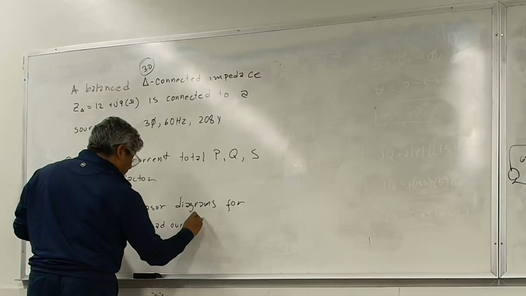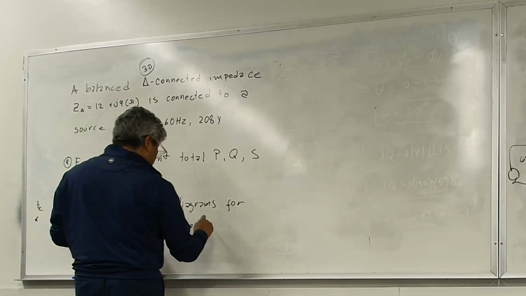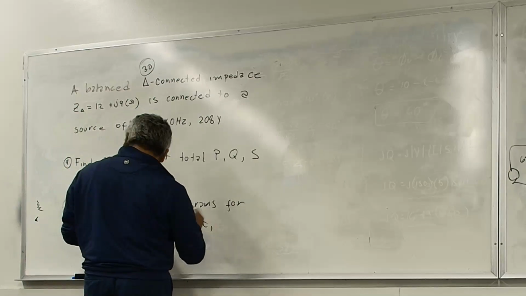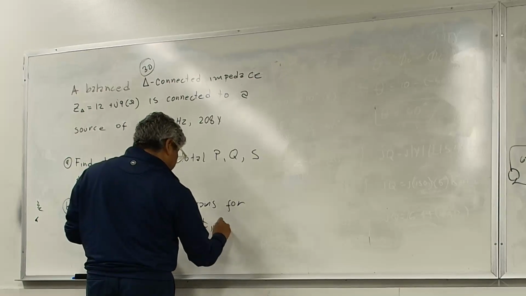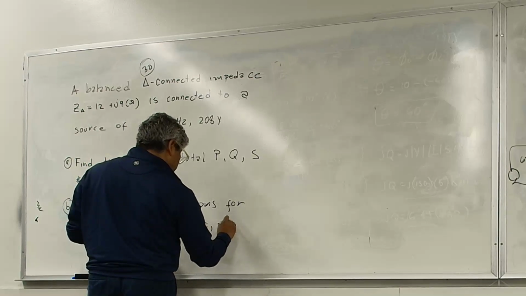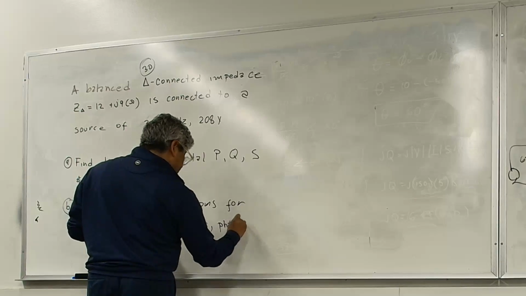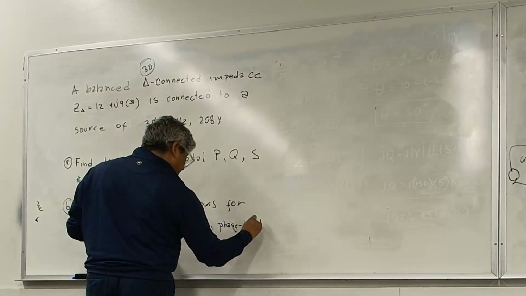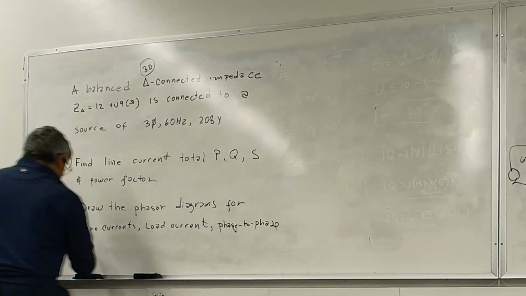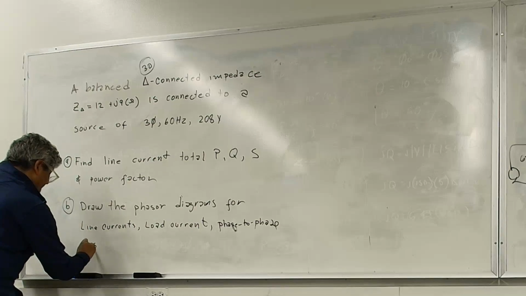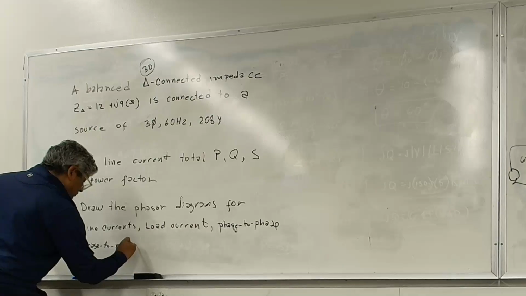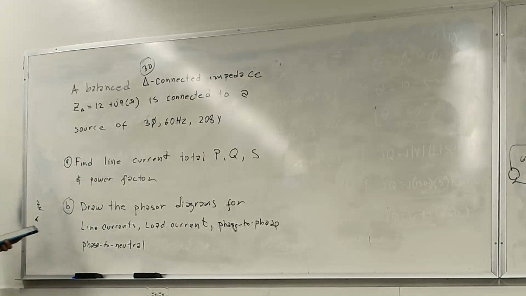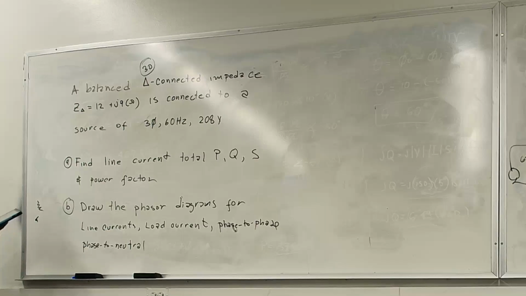Actually, the problem is only asking for line currents, I think, but I'm going to do all of them so that we know how to do all of them: phase-to-phase voltages, and phase to neutral. As I said, I think the homework only asks you for two of these. We'll do the whole thing.